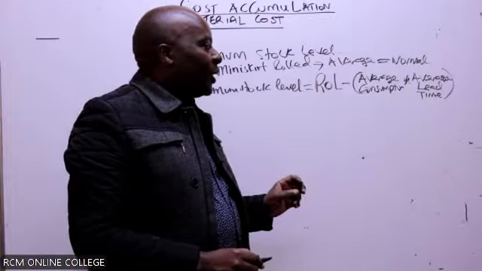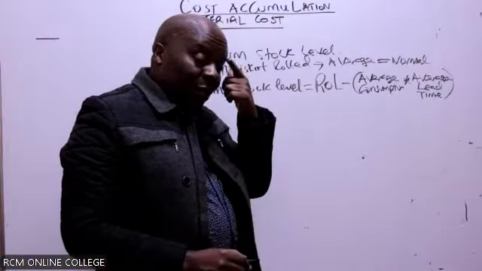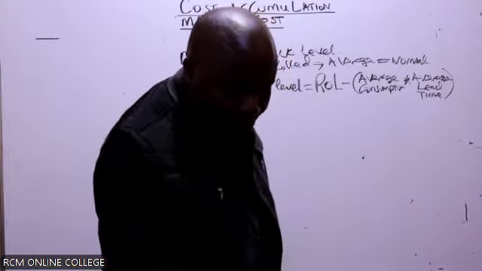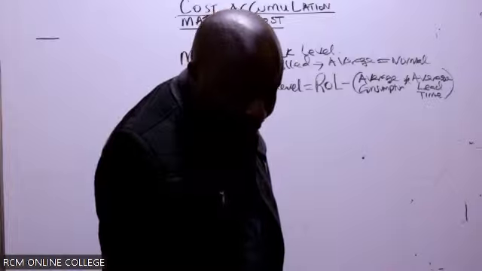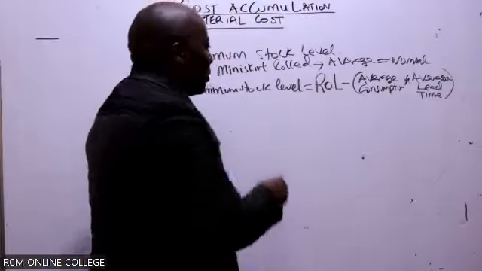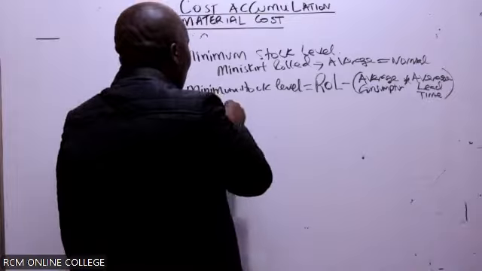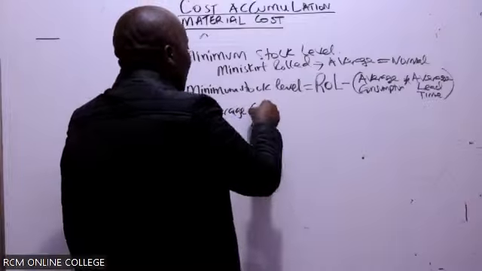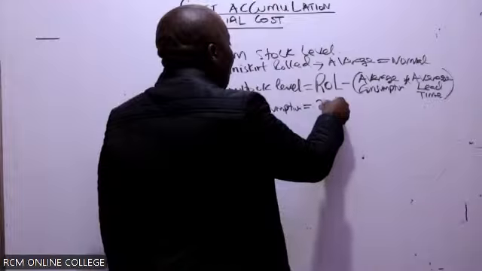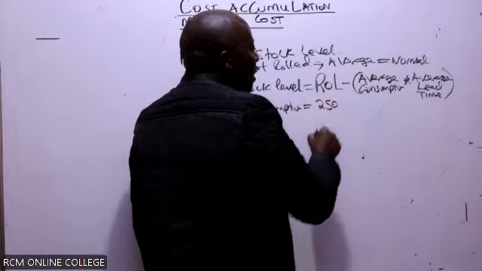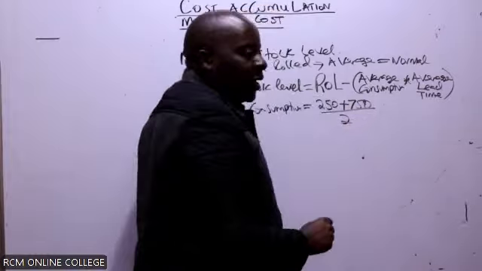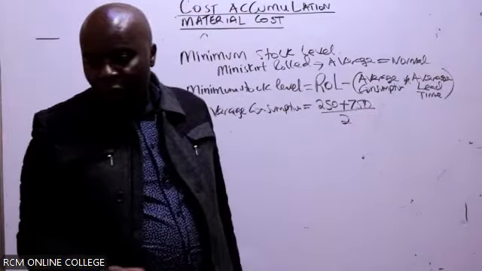So the moment you have got this, ladies and gentlemen, you are at home. First of all, please give me the average consumption. I can see they have given me a minimum of 250 being consumed and a maximum of 750 being consumed, and then I divide this by 2.